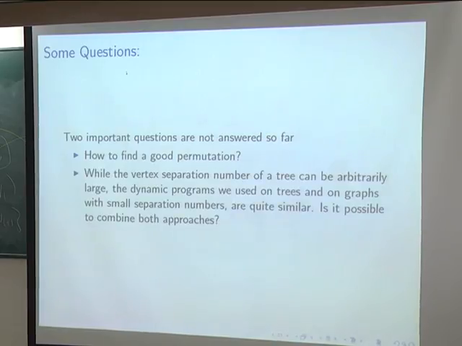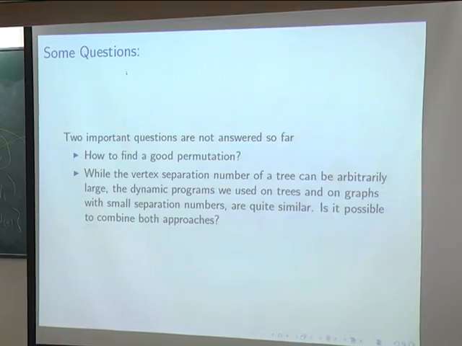Also, the vertex separation number of a tree can be arbitrarily large. If you take a binary tree on n vertices, please think in the break that its vertex separation number can be roughly like log n. But the algorithm which we use for trees and this vertex separation number algorithm were the same.